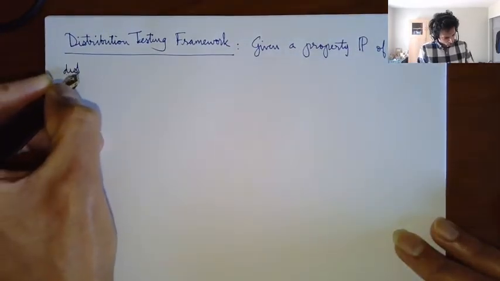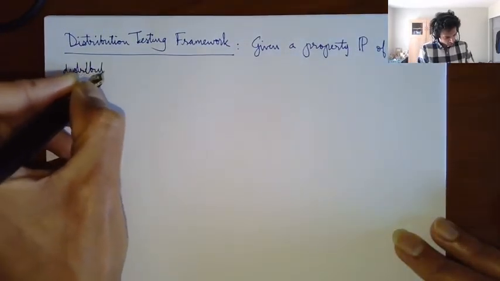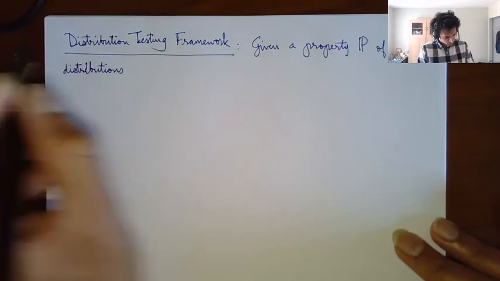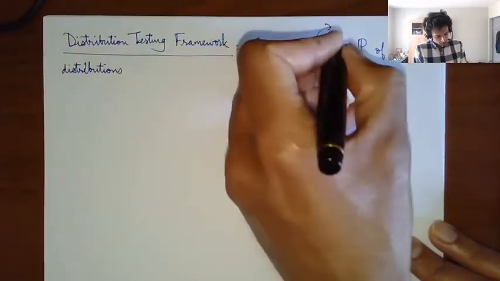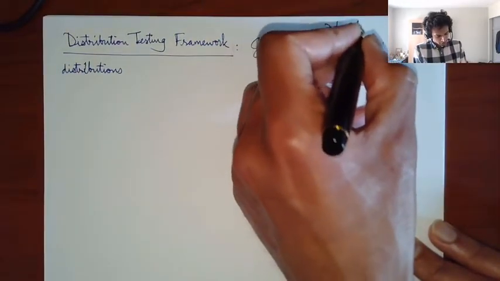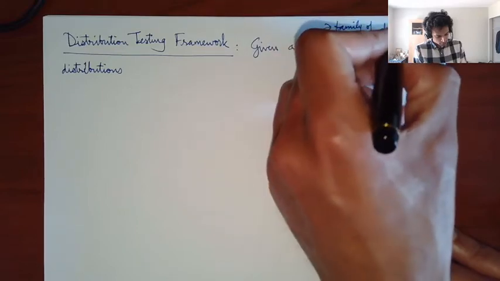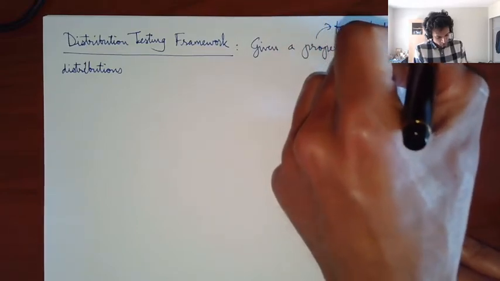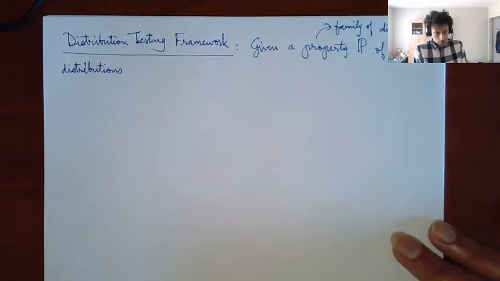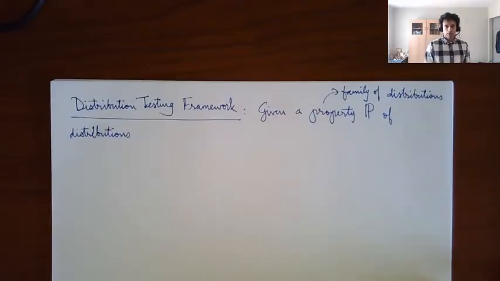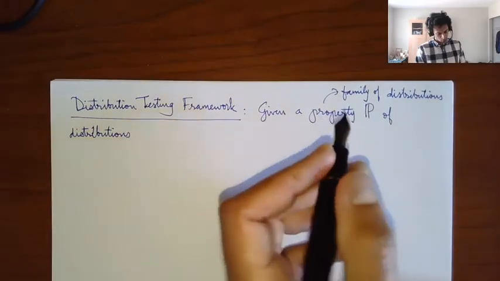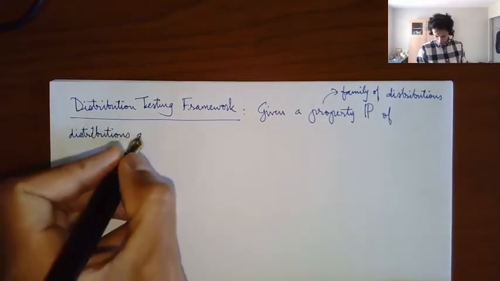So what is a property of distributions? This is simply some family of distributions. So this is sort of the most general way in which this problem is stated.